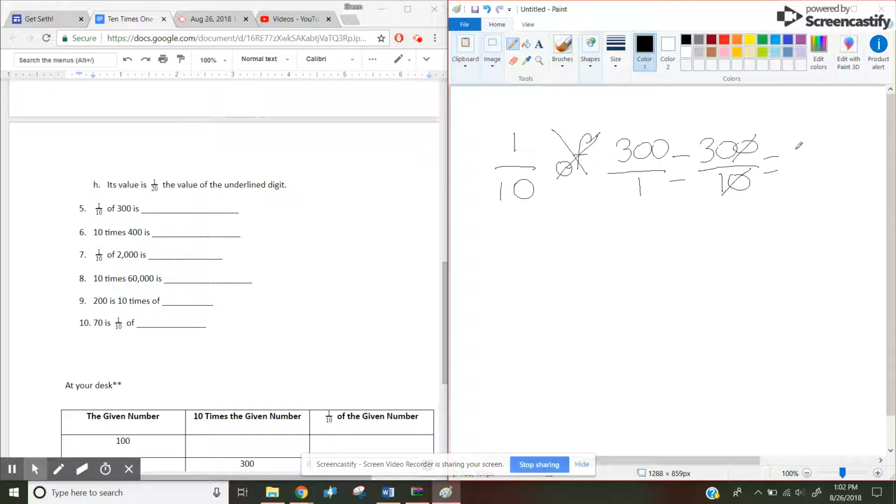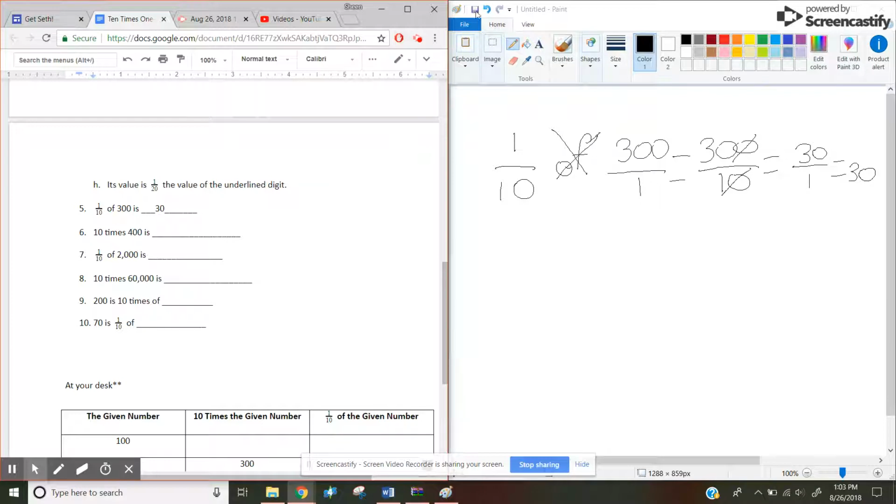Now I'm left with 30 in the numerator divided by 1 in the denominator. 30 divided by 1 is 30, because anything divided by 1 is itself. So 1/10 of 300 is 30, because remember, 1/10 of something means we're going backwards.